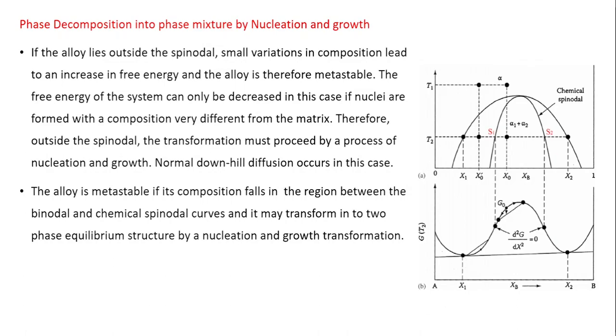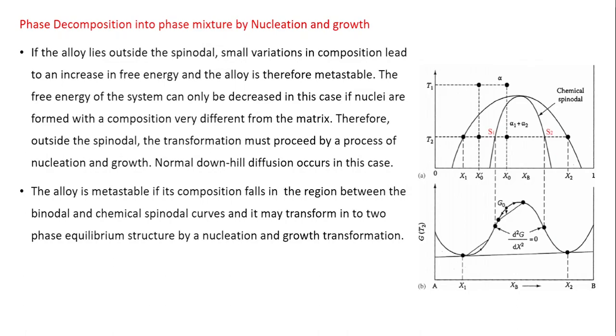and the mixture of phases alpha 1 and alpha 2 has a free energy which lies above this point along the energy axis. So such a composition fluctuation is unstable, and consequently the system reverts back to equilibrium.